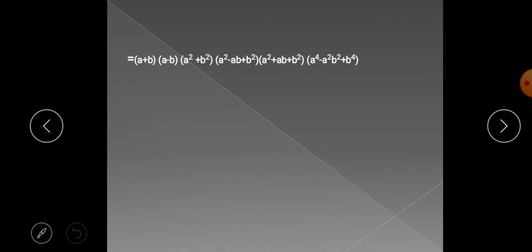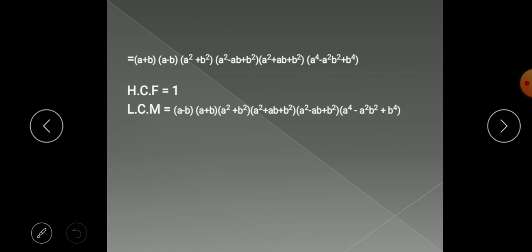So for the highest common factor, there is no term which is common here, so HCF is 1, and then in LCM we will write all the terms only once, meaning no bracket will be repeated. Okay, these all terms we will write only one time, and this is the LCM of the given question. Okay, now next question is question number 6.